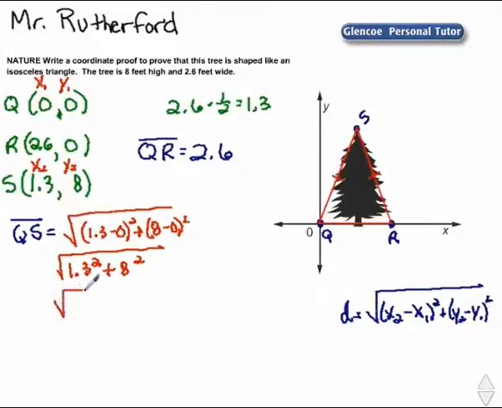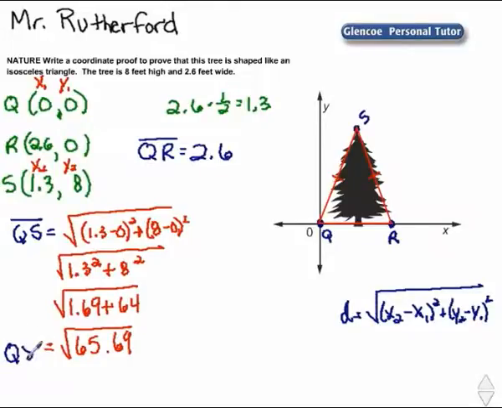When we square 1.3, we get 1.69 plus 8 squared, which is 64. So here we have that QS is equal to the square root of 65.69.